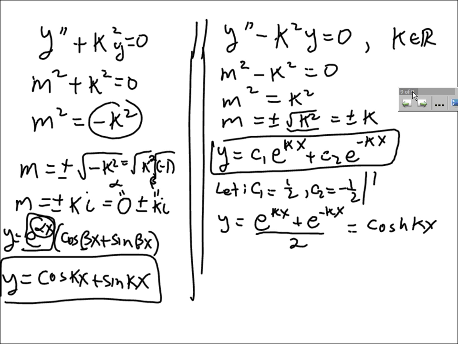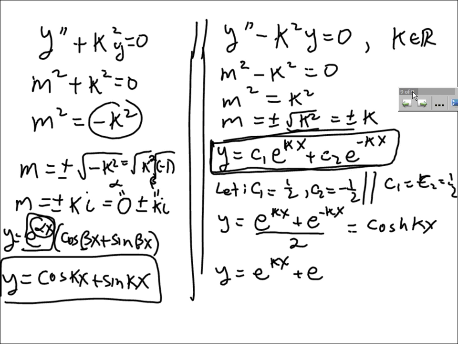Okay, excuse me, I made a silly mistake. In my first case, I let C1 and C2 both be 1/2. Now, I'll do what I meant to do initially.